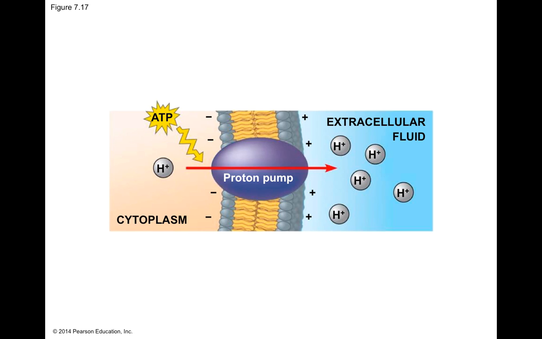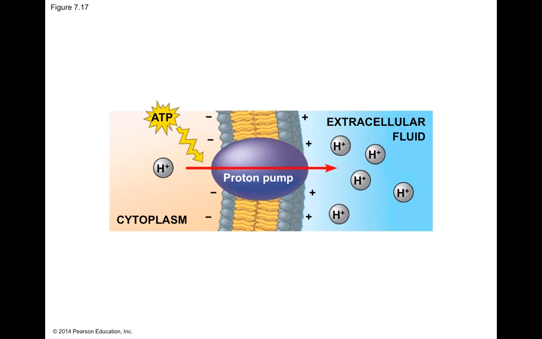The main electrogenic pump in other organisms, plants, fungi, and bacteria, is a proton pump, like the one shown here. Remember that protons is another term for hydrogen ions, or H+. Energy is used to move the protons across the membrane against their concentration gradient, and this creates an electrochemical gradient where the outside of the cell is more positive relative to the inside of the cell.